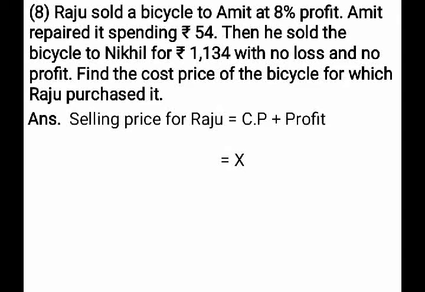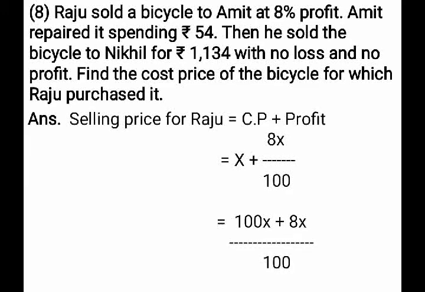Raju's profit is plus 8x upon 100. Now you have to cross multiply. If you don't have any number on denominator, take it 1. That is 100 into x is 100x plus 8x ones are 8x upon 100. 100x plus 8x is equal to 108x upon 100.